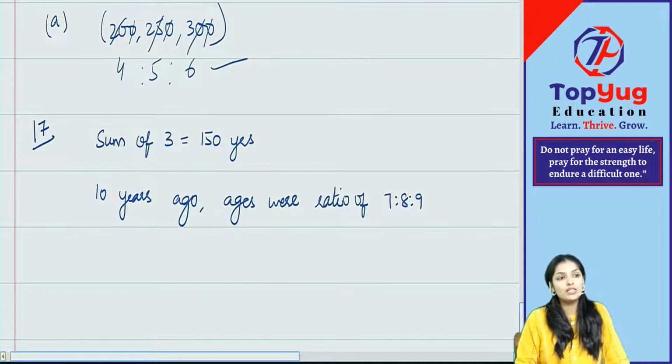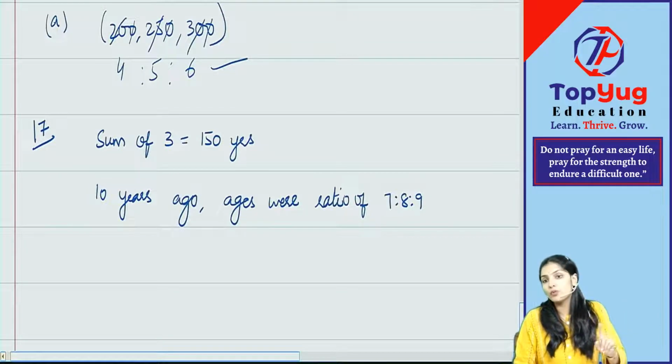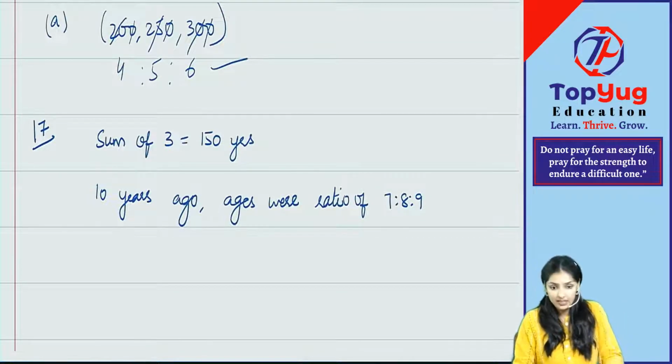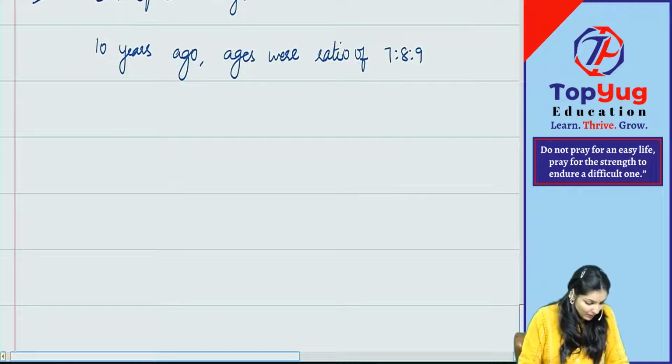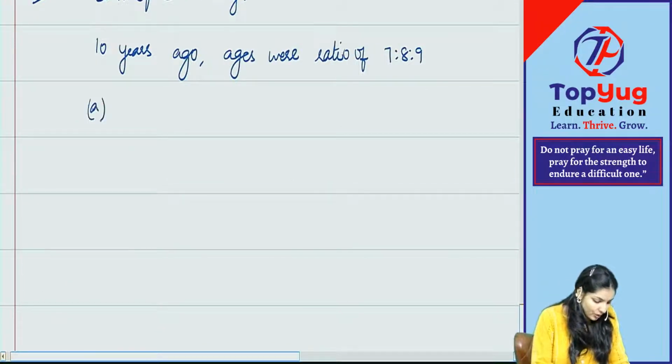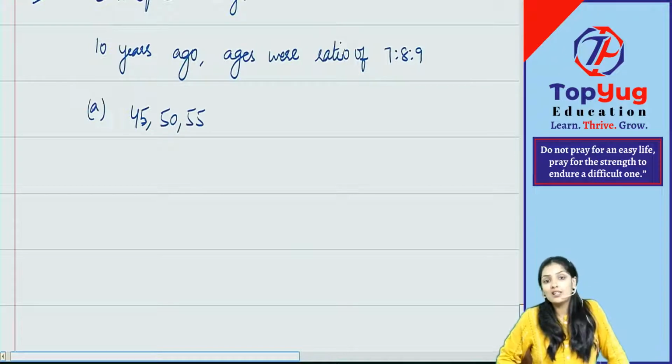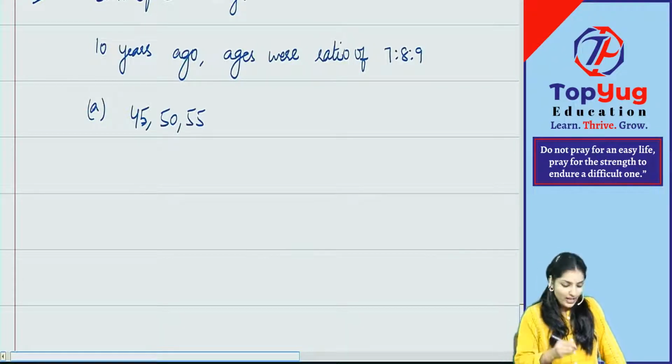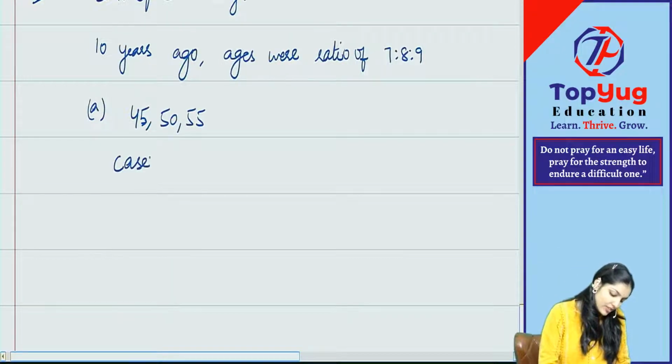So in this type of problem, the X method would be very long. We would be going with the T&E method, trial and error method. So I would just pick up option A because I feel option A is the answer. So 45, 50, 55. These are the present ages, right? So case 1, total it and check if it is 150.